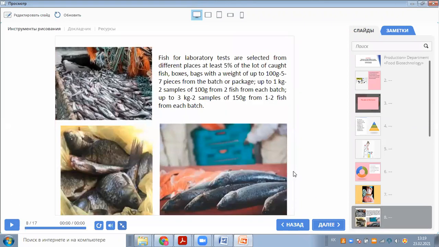Next, about the fish. For laboratory tests, fish are selected from different places, at least 5% of the lot of caught fish.